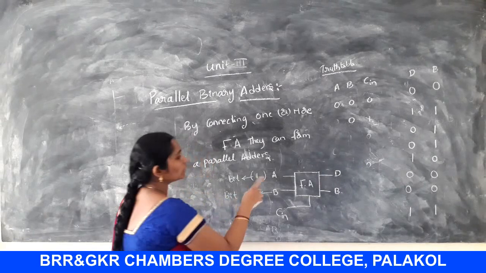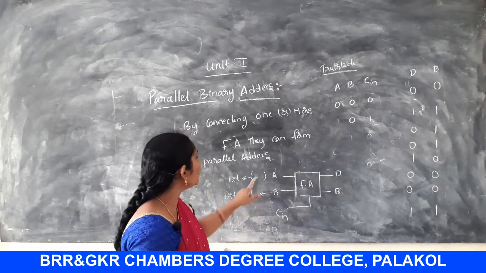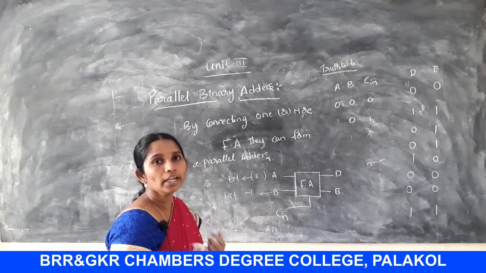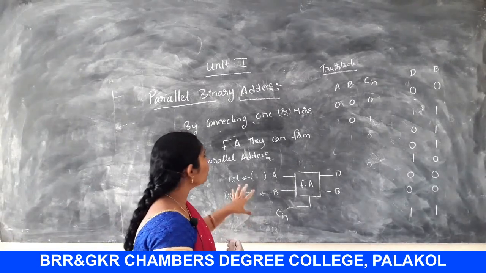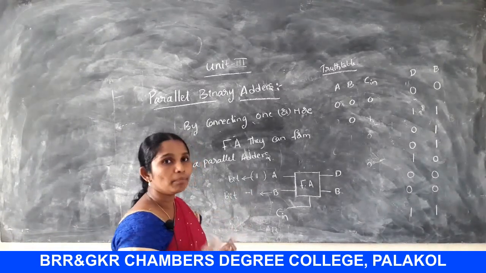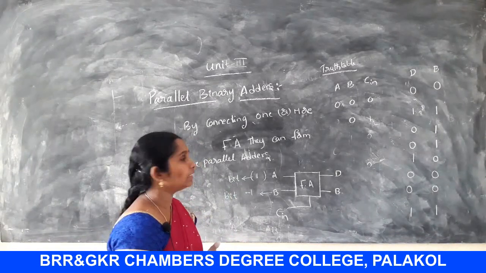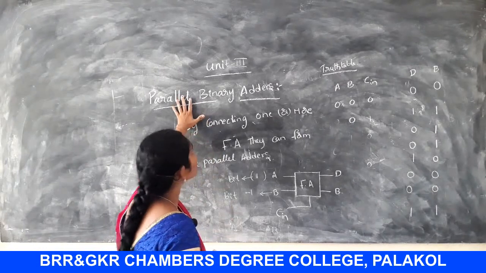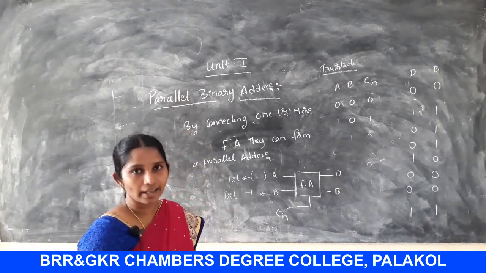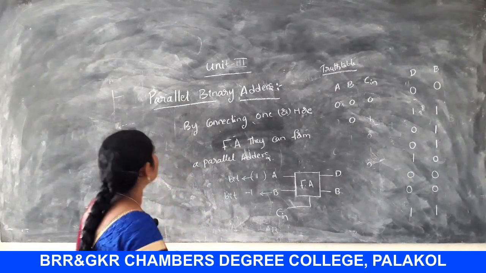So, by using these full adders or half adders, we can add only one bit numbers. So, if we need to add more numbers, for that purpose, we use these parallel adders. So, for example, if I add 2-bit binary numbers.